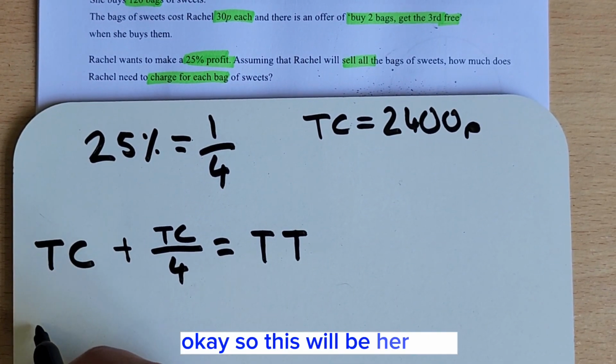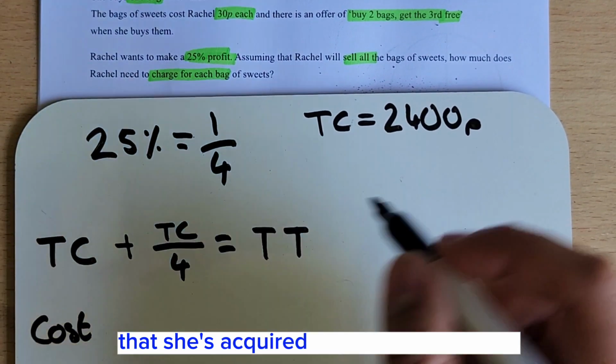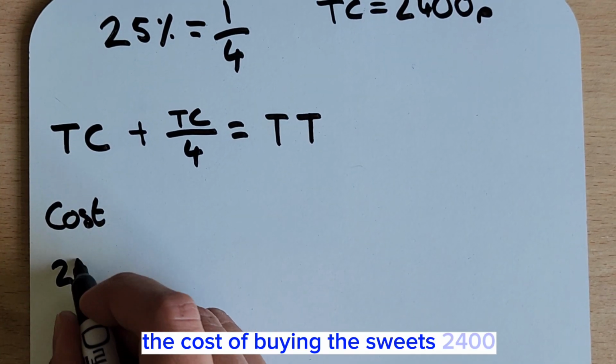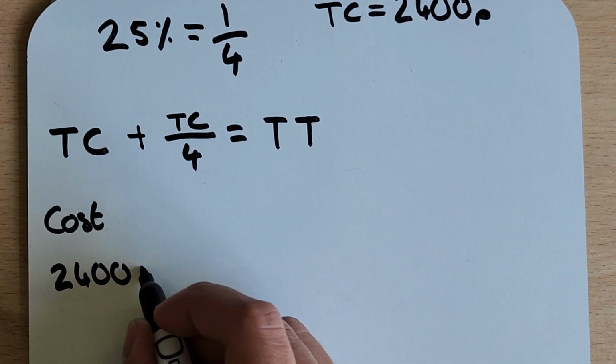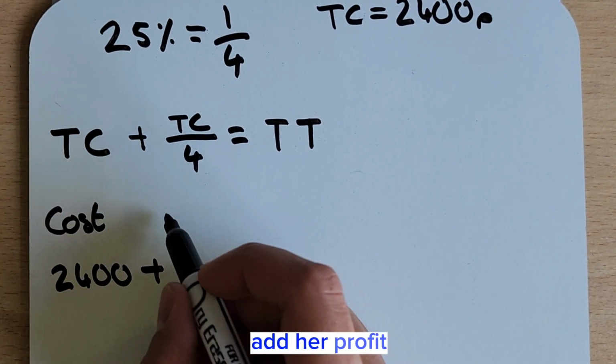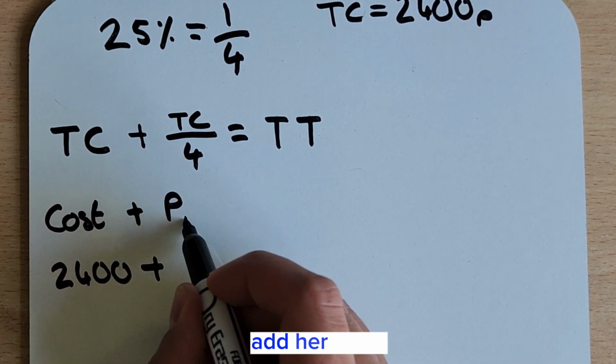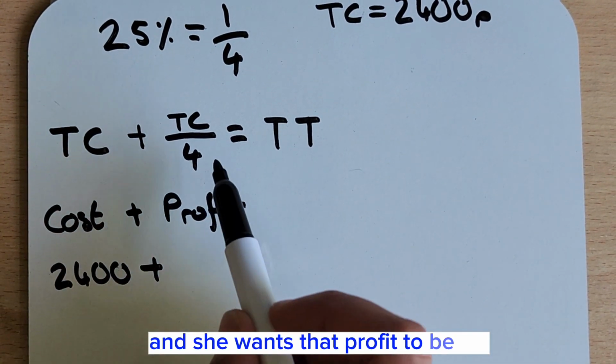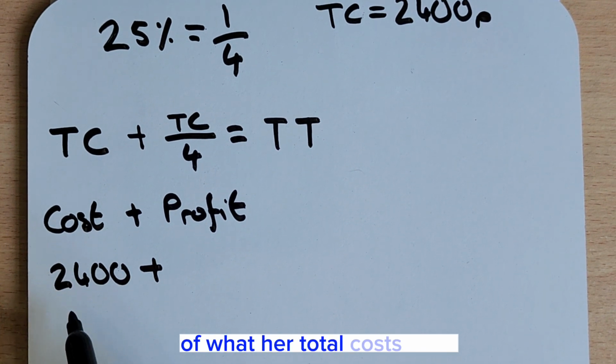So this will be her cost that she's acquired in buying the sweets, the cost of buying the sweets, 2,400, add her profit, and she wants that profit to be 1/4 of what her total costs were.